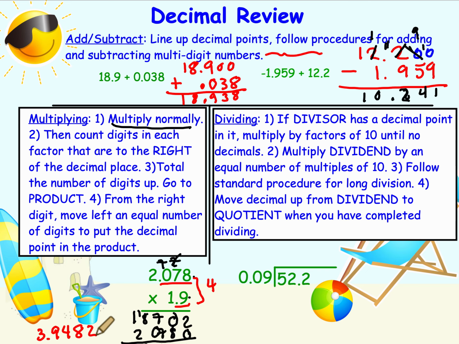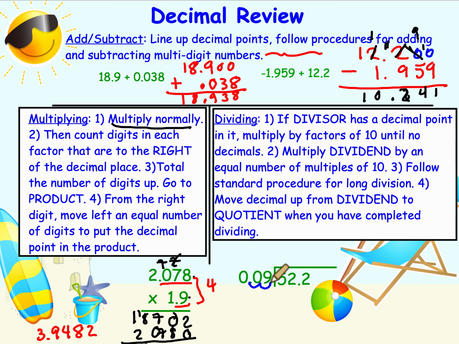Okay, now dividing, we take care of the decimal first. So first I'm going to take care of the decimal in the divisor. So I need to multiply by 10 twice to get no decimal point in the divisor.